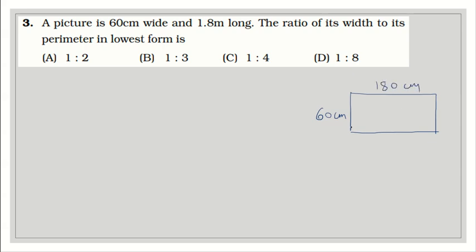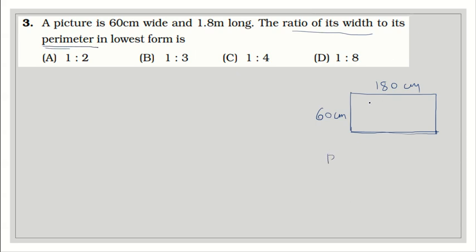You know, for 1 meter we have 100 centimeter. So 1.8 into 100 gives you 180 centimeter as the length. Now they are asking you to find the ratio of its width to its perimeter. That means I have to find the perimeter first.